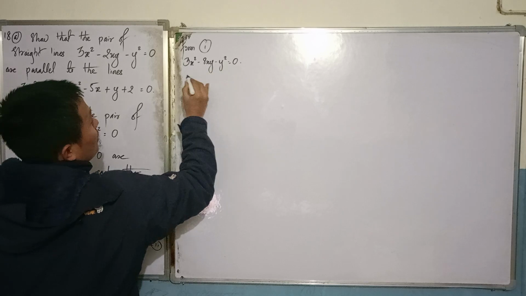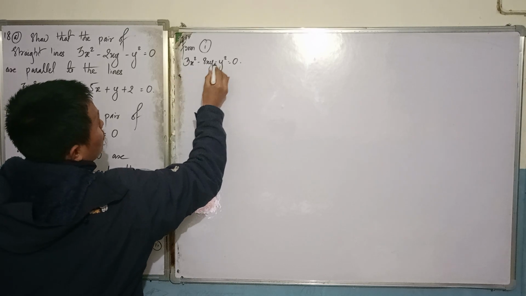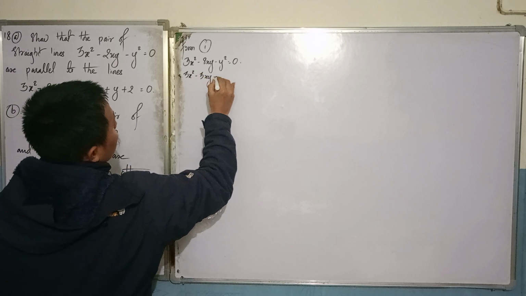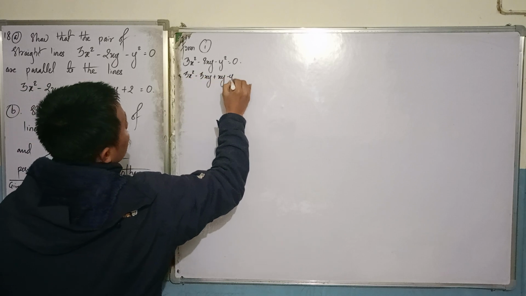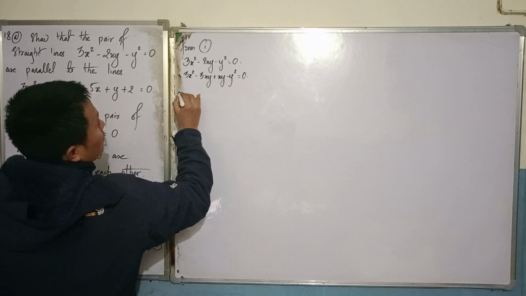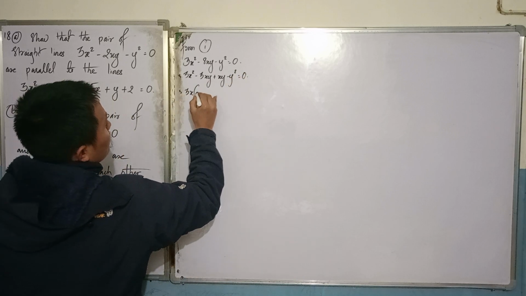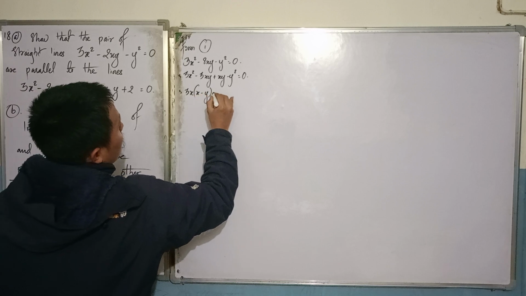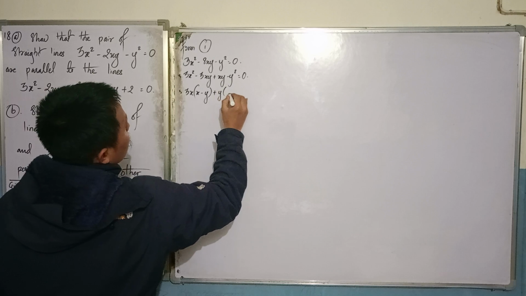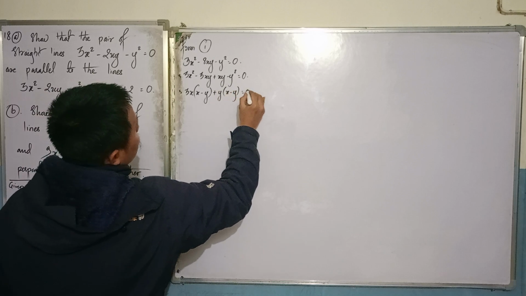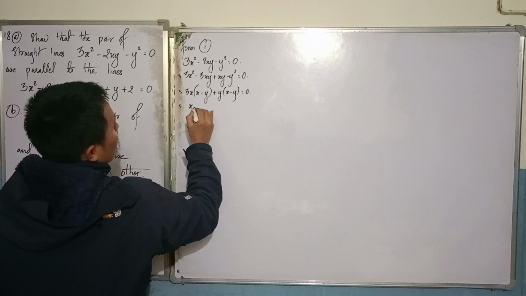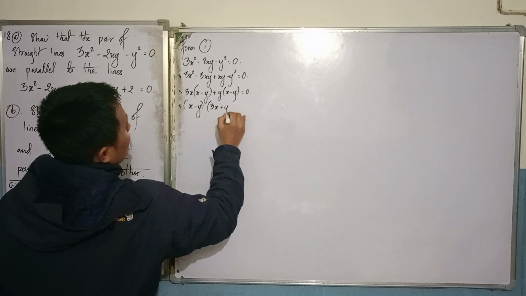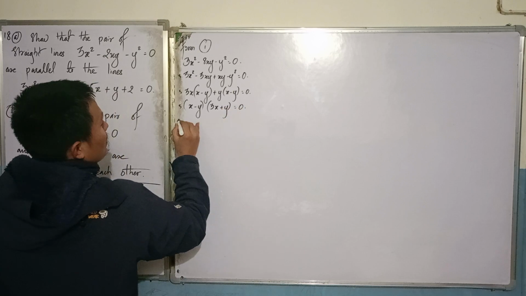So okay, now factorize this. 3 minus 1, that will be 2. 3x squared minus 3xy plus xy minus y squared is equal to 0, or 3x will become here (x minus y), plus here will be y common, (x minus y) is equal to 0, or (x minus y), another will be (3x plus y) is equal to 0.